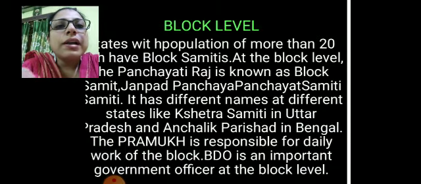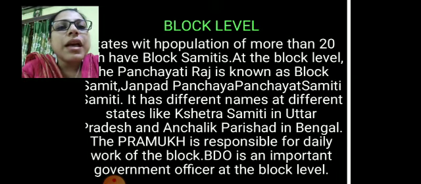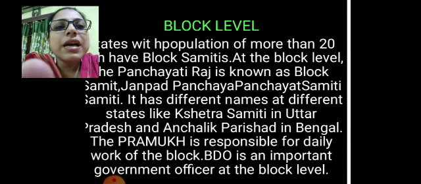Now at the block level, where the population is more than 20, they have the block samitis. At the block level, the Panchayati Raj is known as the block samiti, Janpad Panchayat or Panchayat Samiti.